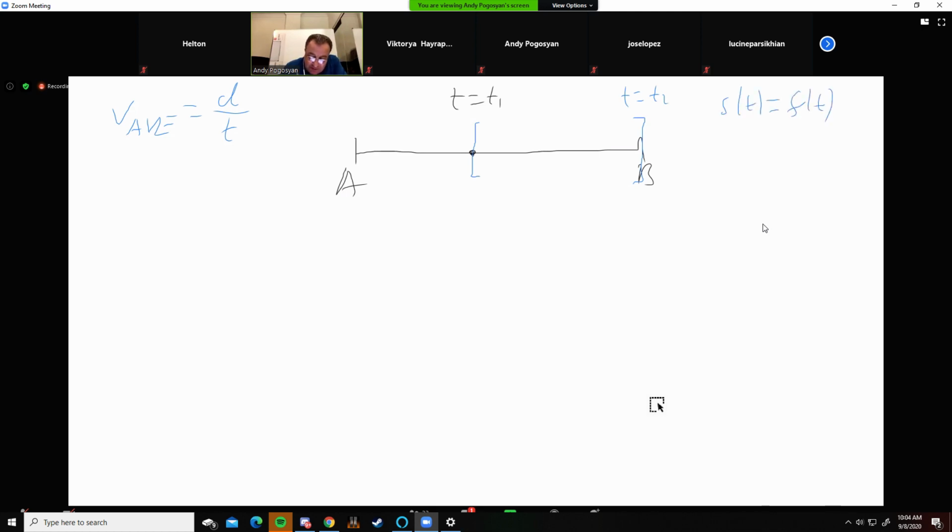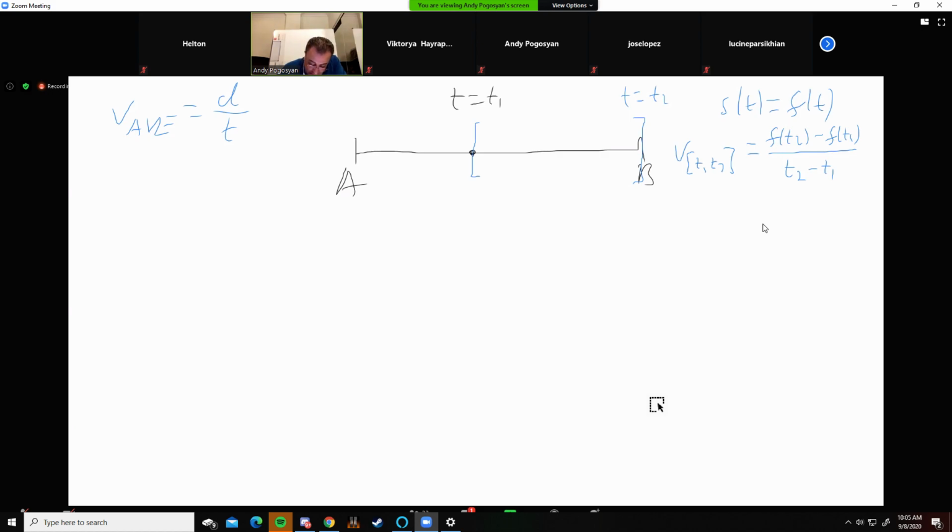Now the average velocity between t1 and t2 is defined as f of t2 minus f of t1. This is the distance passed between t2 minus t1 time. But that's the average speed.